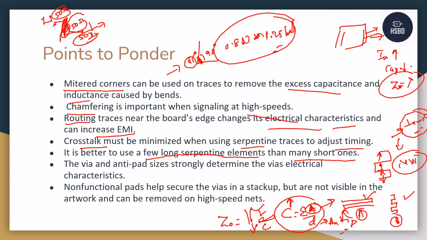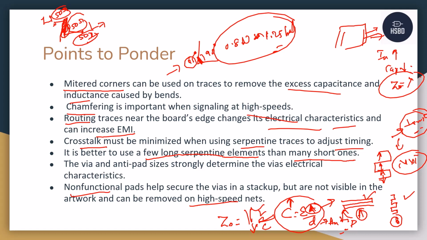Now the last point is that a non-functional pad helps secure the via in the stackup but is not visible in the artwork, and can be removed in high speed nets. So what are non-functional pads? Sometimes the manufacturer, while creating the board stackup, creates non-functional pads.